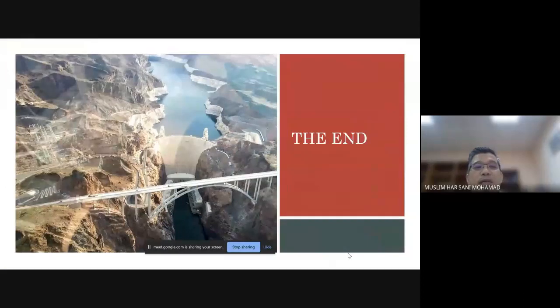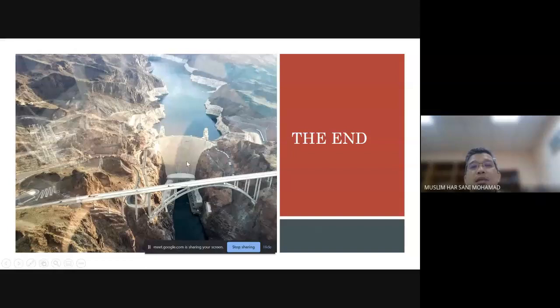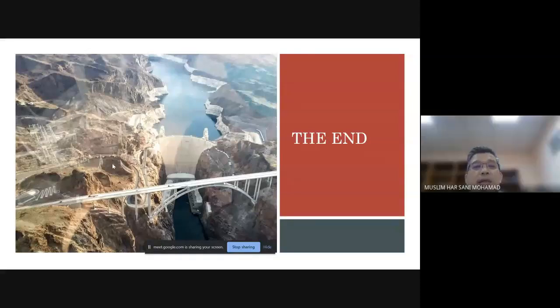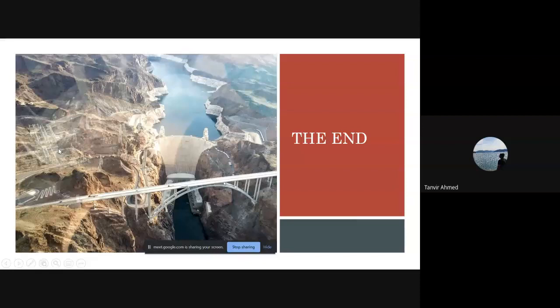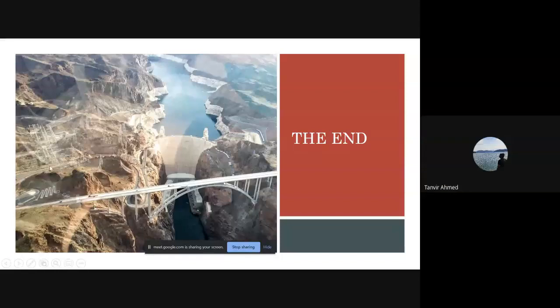What photo is that? Dam. Dam, what else? Highway, sir. Highway, what else? With the dam, you have what? River.